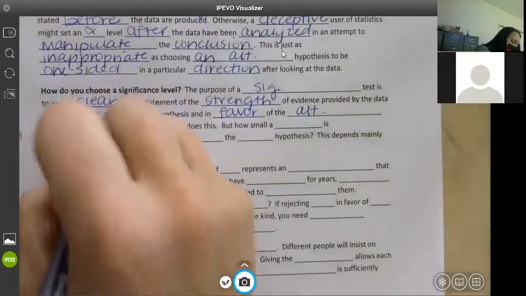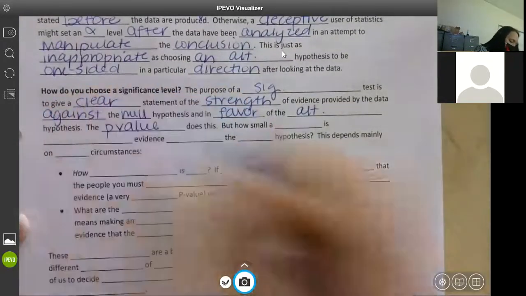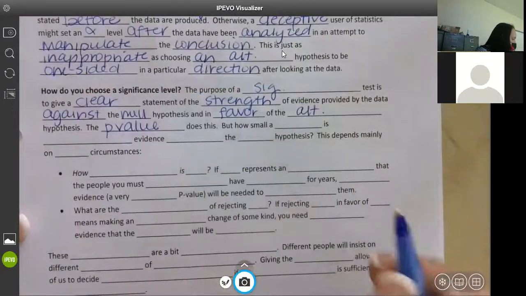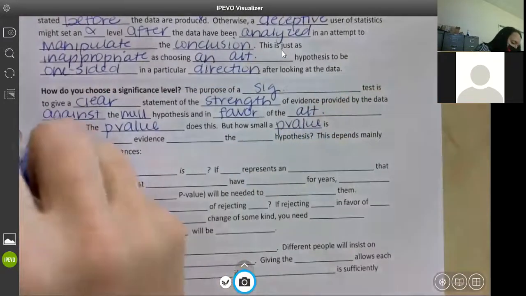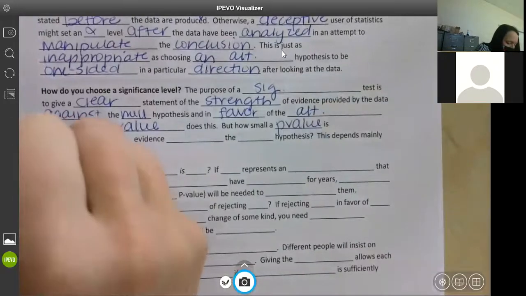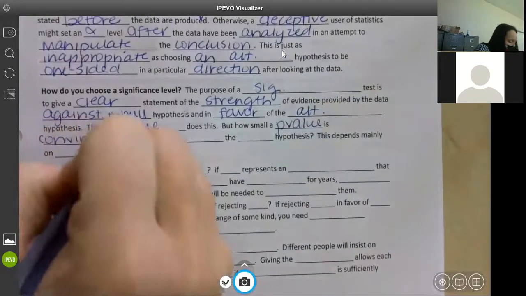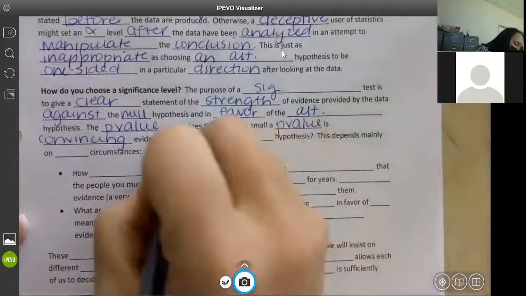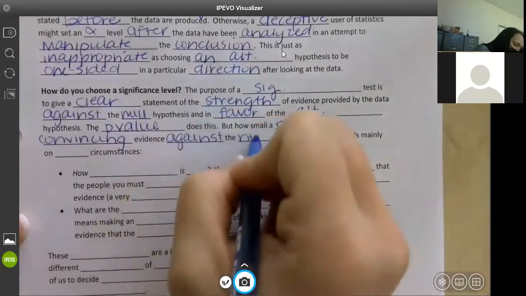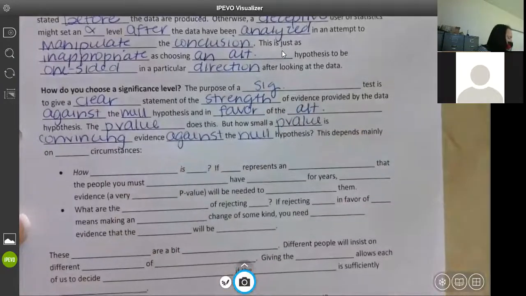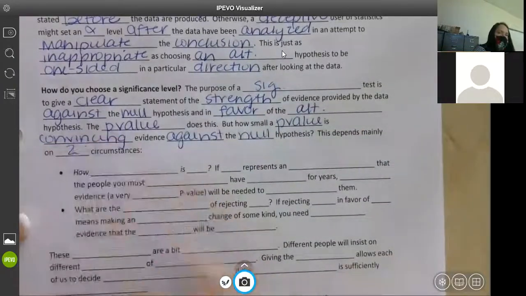The p-value does this. But how small a p-value is convincing evidence against the null hypothesis? This depends mainly on two circumstances.